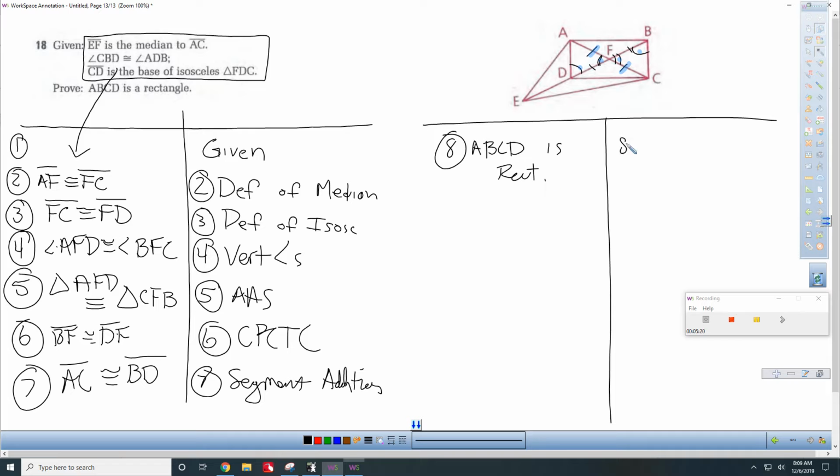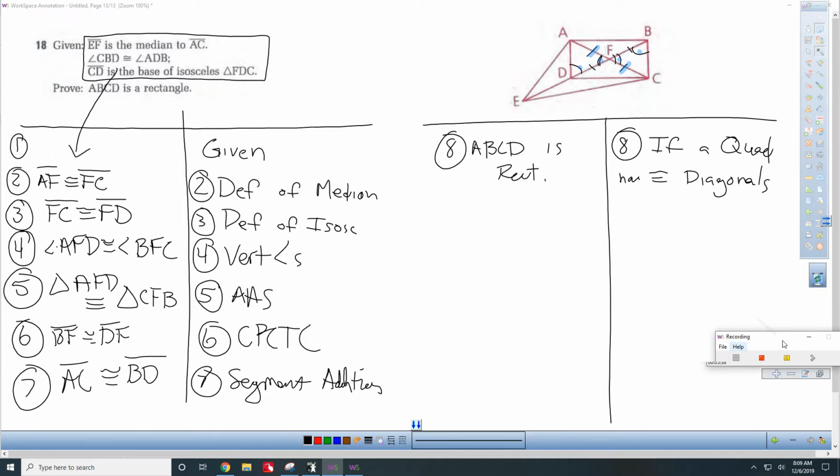And the reason is if a quad has congruent diagonals. Oh no, I need to prove it's because it could be an isosceles trapezoid.